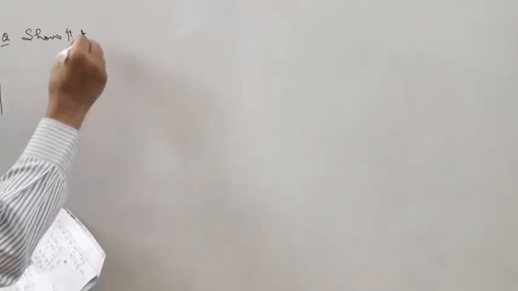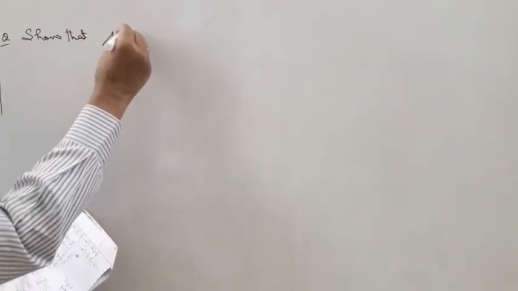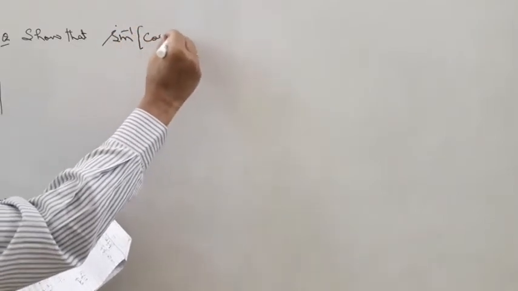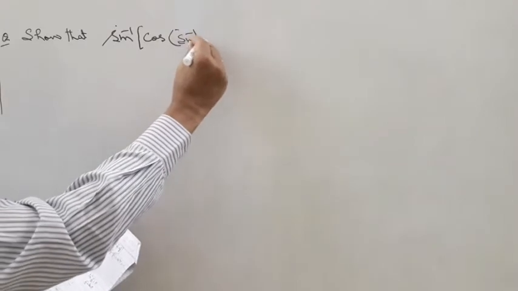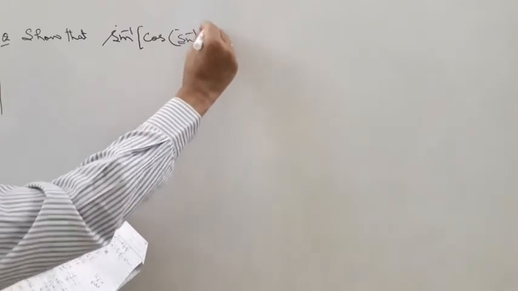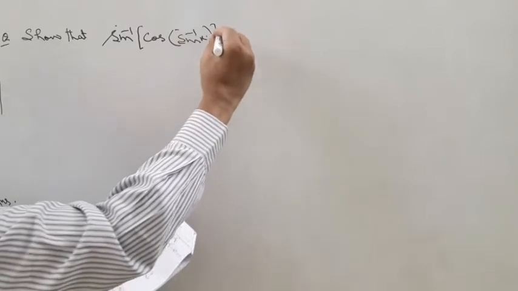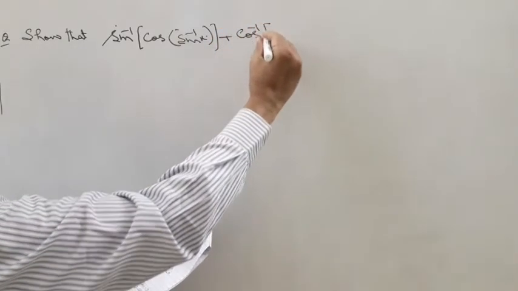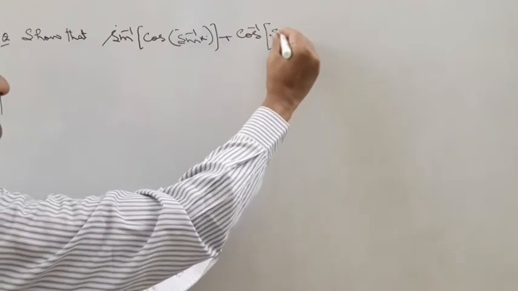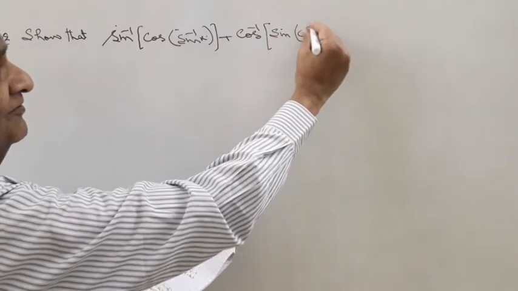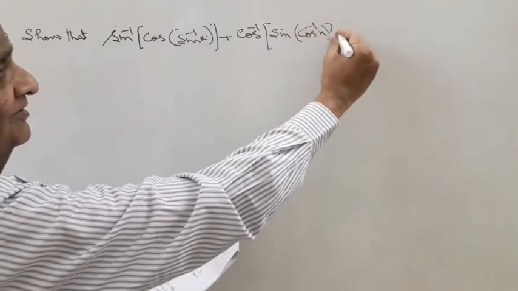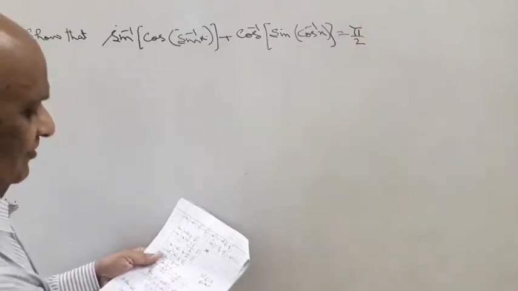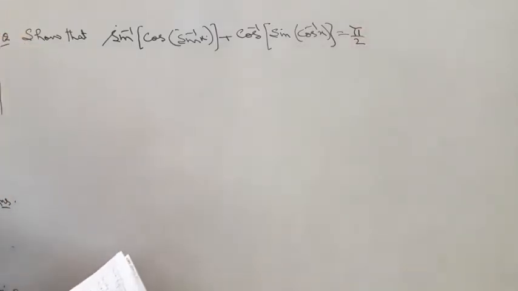Show that sine inverse of cos of sine inverse of x plus cos inverse of sine of cos inverse x is equal to π/2. Now this is the question before us, quite an interesting problem.